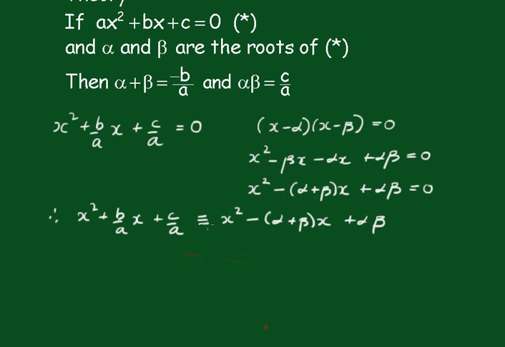Now equating these parts, we can see that the coefficient of x here, b on a, must be equal to the coefficient of x here, which is minus (alpha plus beta). Of course, multiplying both sides by -1, we get the result that alpha plus beta equals minus b on a. And of course, the constant term, c on a, must equal alpha beta. Therefore, we can say alpha beta is equal to c on a.